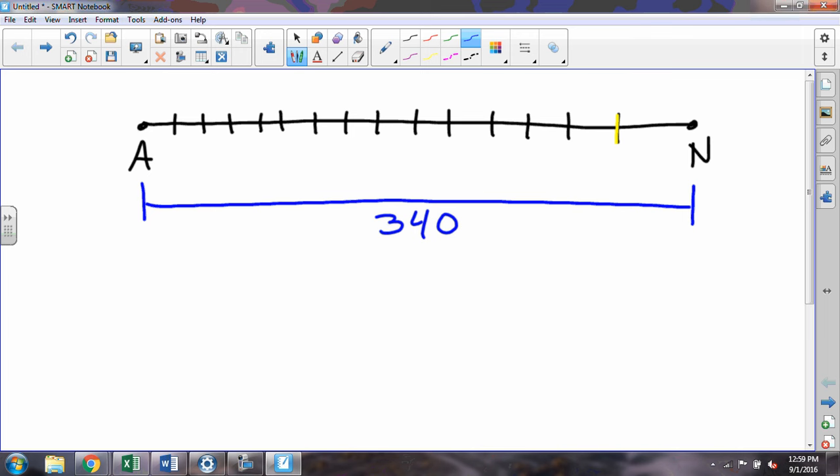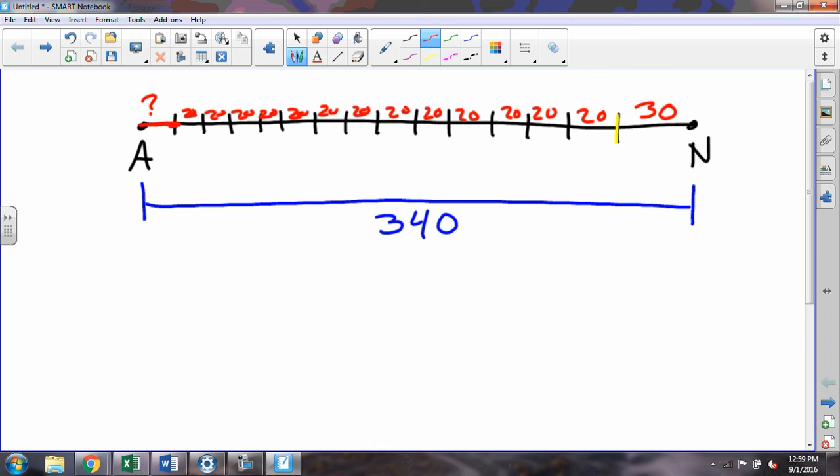The distance from the newsstand to the first house is 30. The distance between each of the houses on his route is 20. And then we are asked, what is the distance from the last house to Armando's home?